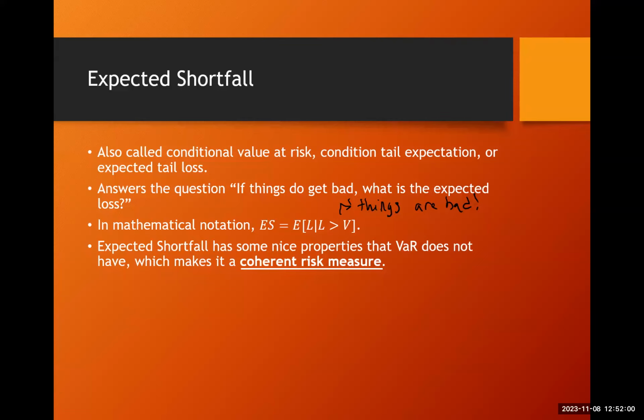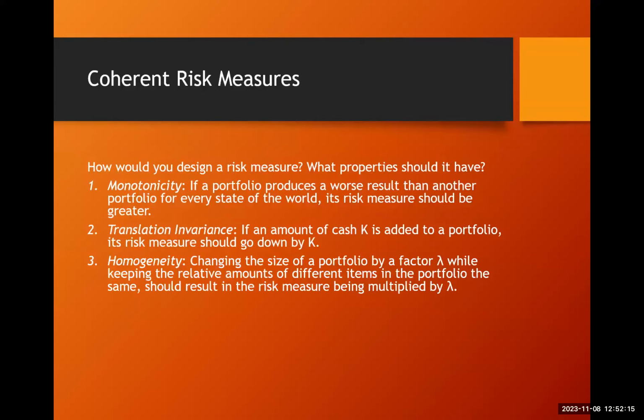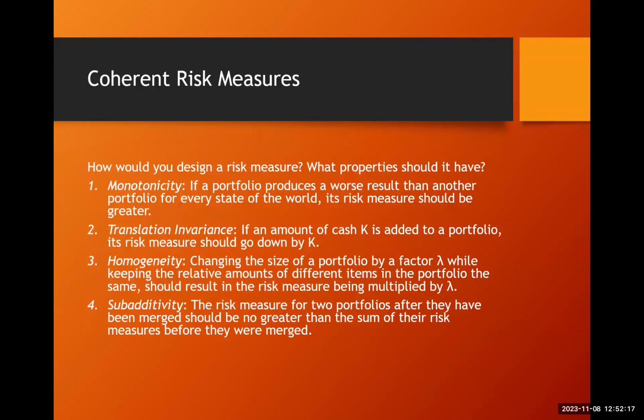This type of risk measure is nice theoretically because it has certain properties that we call coherent. So a risk measure needs these 4 properties in order to be a coherent risk measure. Value at risk is not coherent, while expected shortfall is coherent.